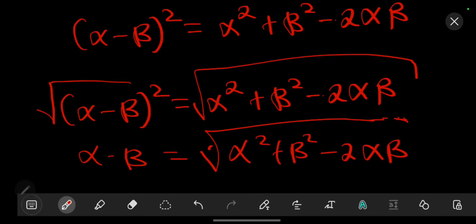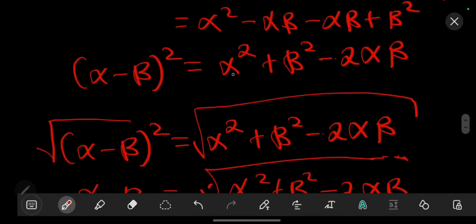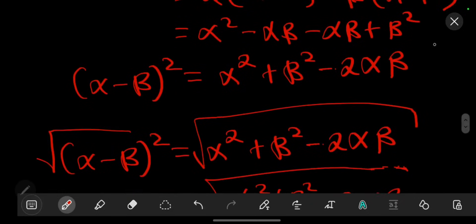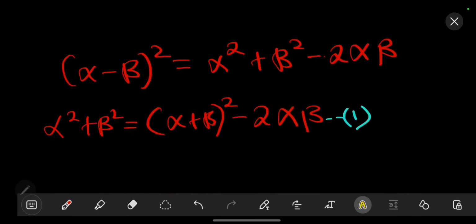But now, okay, let's take it from here before we square root that one. This one is incomplete. Let's finish it, then we can go to this. So as we can see from the first identity, we have our alpha squared plus beta squared.